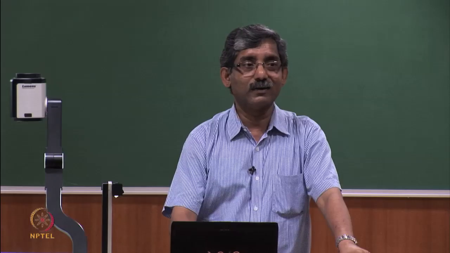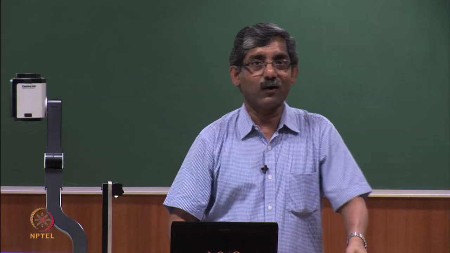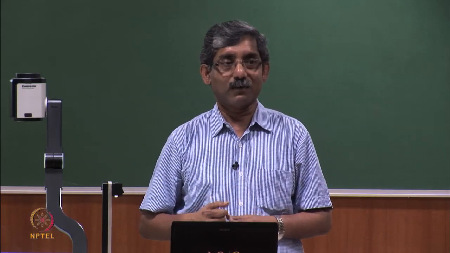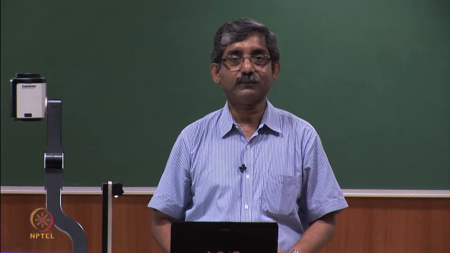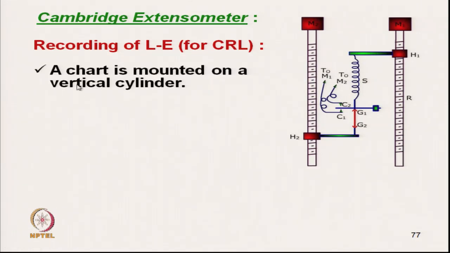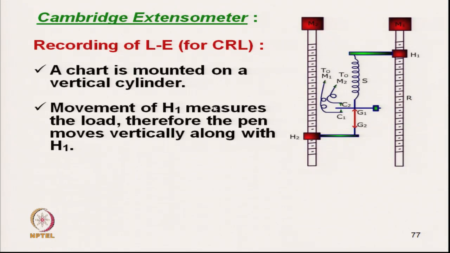Now, how to record? We can record the load elongation curve. Here in the CRL principle, a chart is mounted on a vertical cylinder, and the movement of H1 is recorded by a pen.